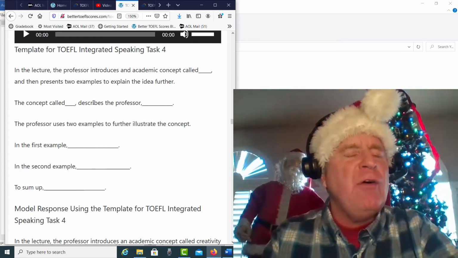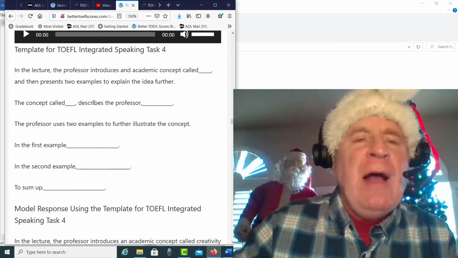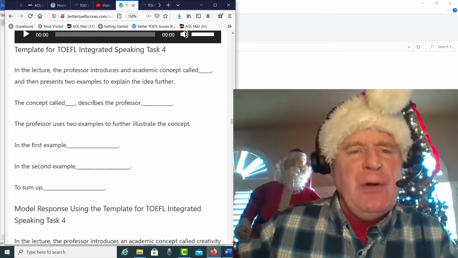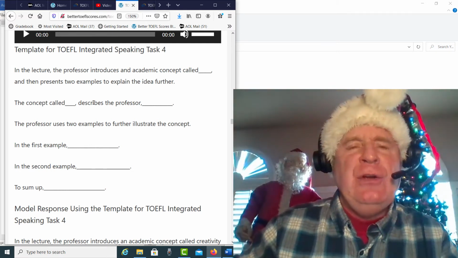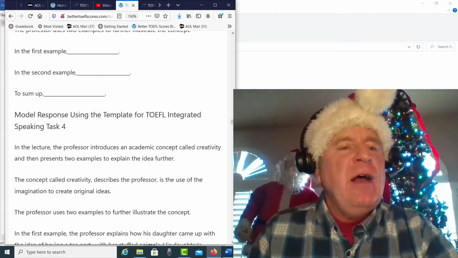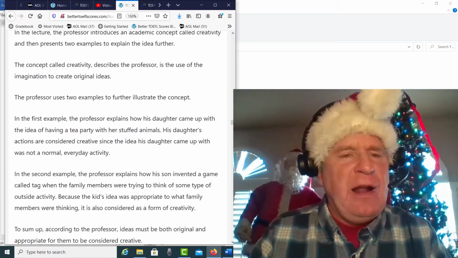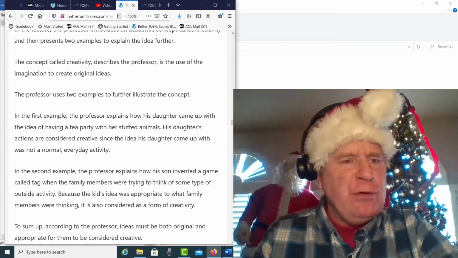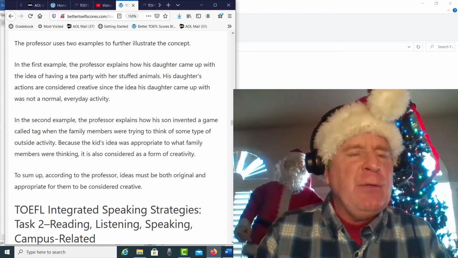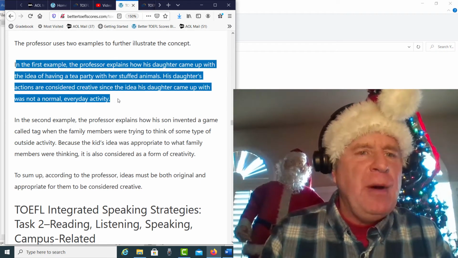So look over the outline, and then your goal is to try to make your own template outline that you think you can use for the speaking section there. And then you can see a model response which uses that outline. And this also shows how much, if the professor gives 2 examples, you cannot say a lot about each example.